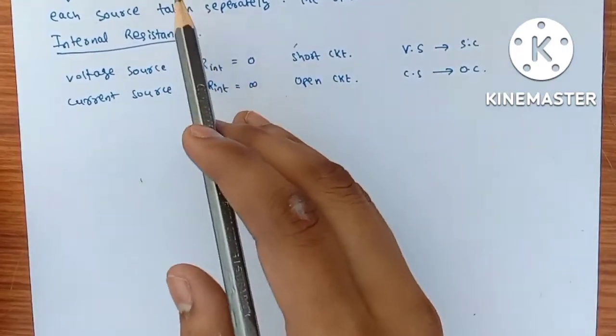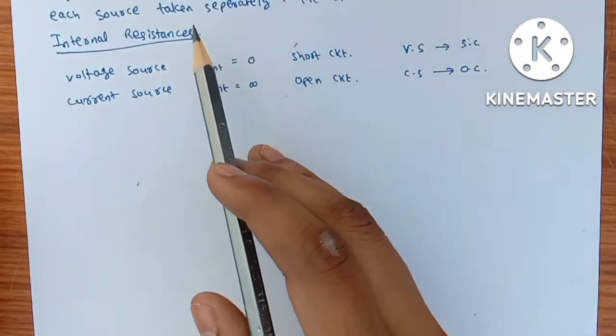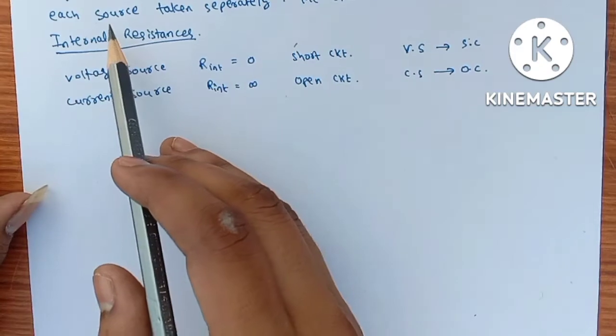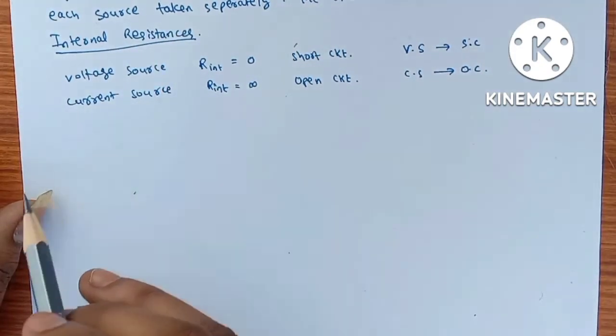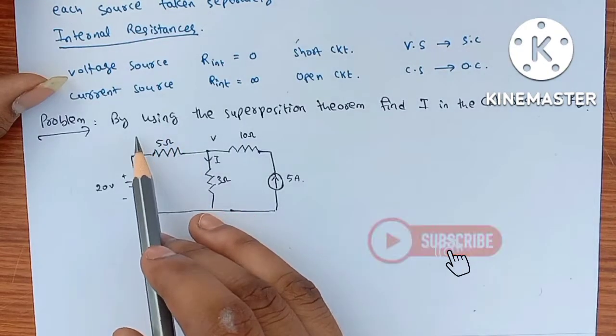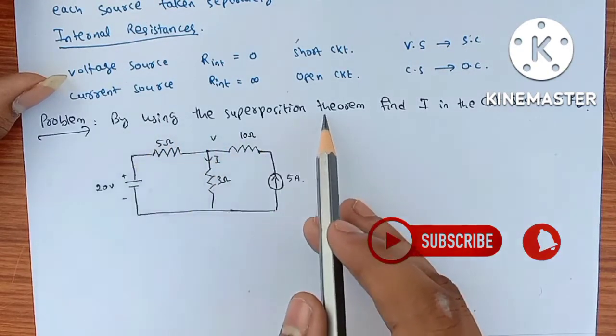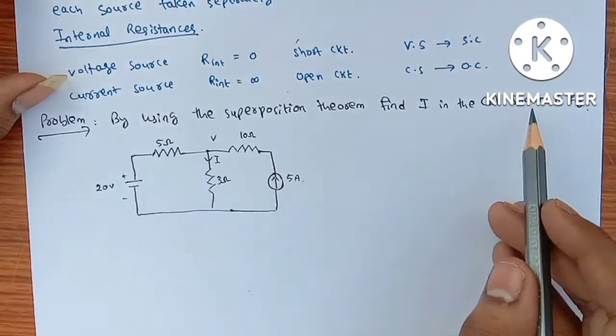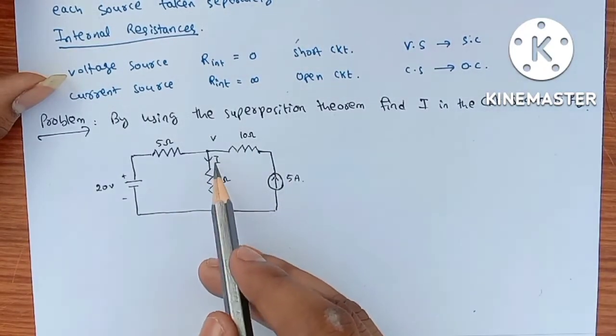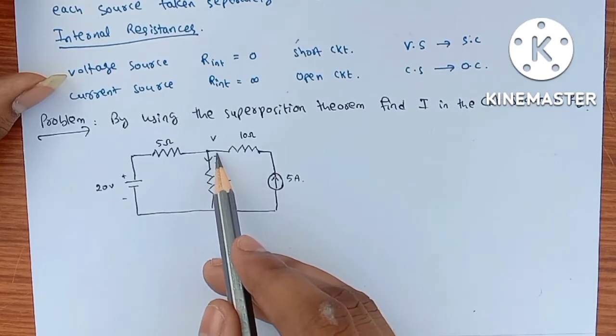Simply seeing the statement, you may not understand the concept clearly. Let us understand the concept in more detail by solving one problem. The question: by using the superposition theorem, find I in the circuit shown in the figure. So we should find this current.